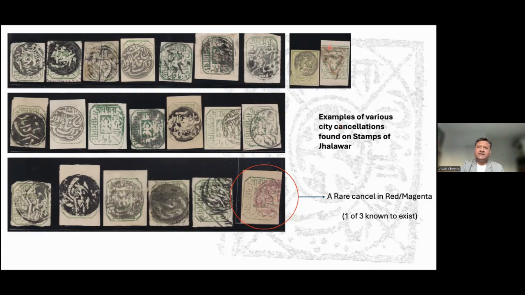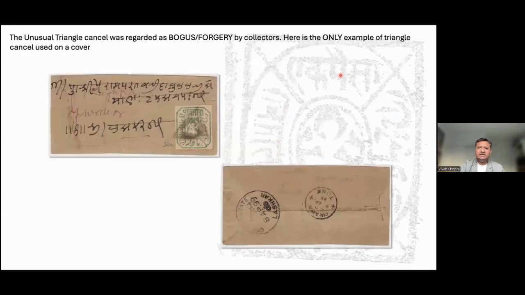And there's this special cancel, which is actually a triangular cancel, which was believed to be a bogus forgery in the initial years, and there have been research papers written that this cancel is a bogus forgery. But I recently came across a cover where you can clearly see that the Jhalawar stamp was actually canceled by a triangular cancel.